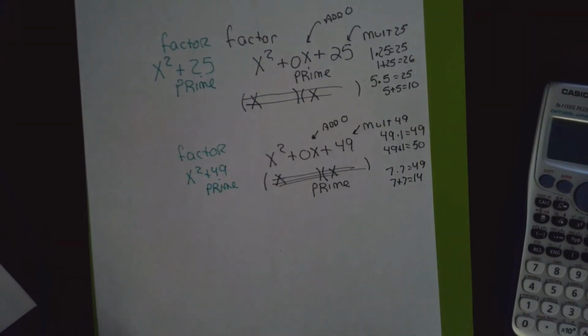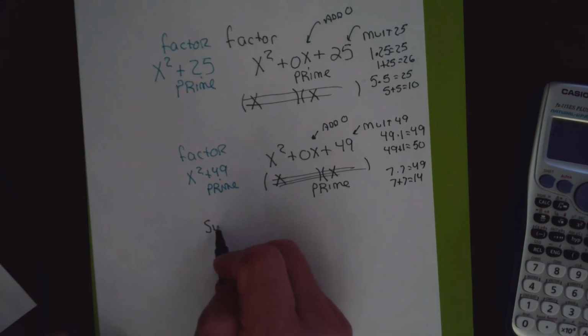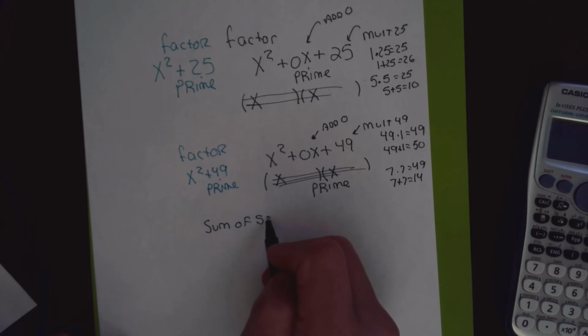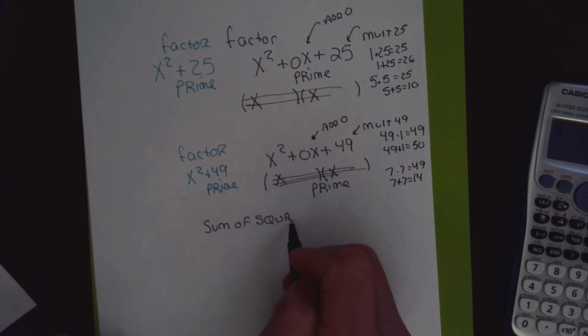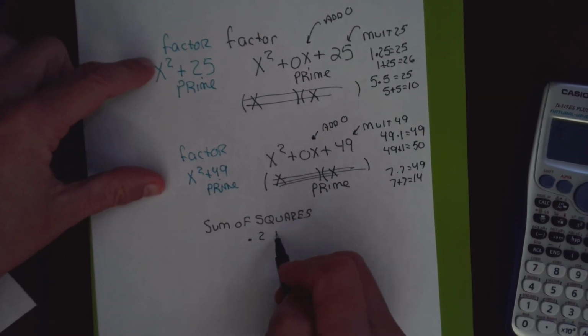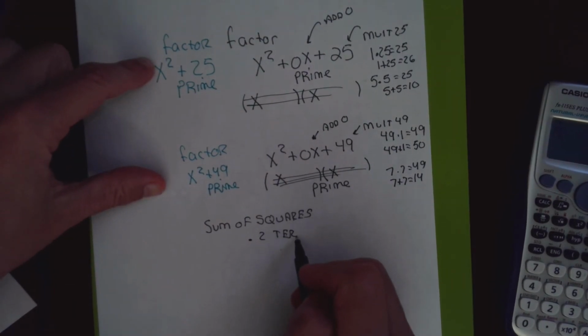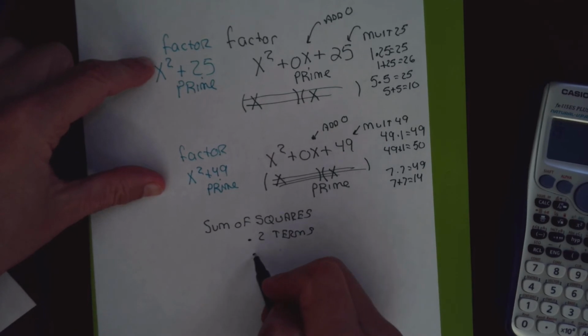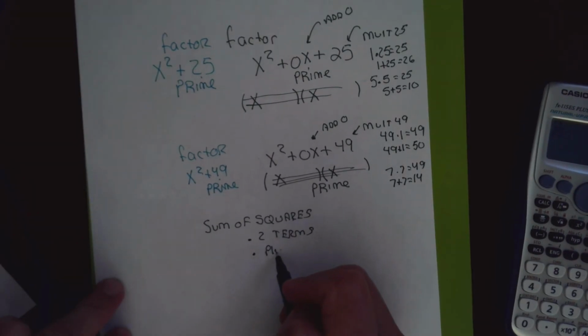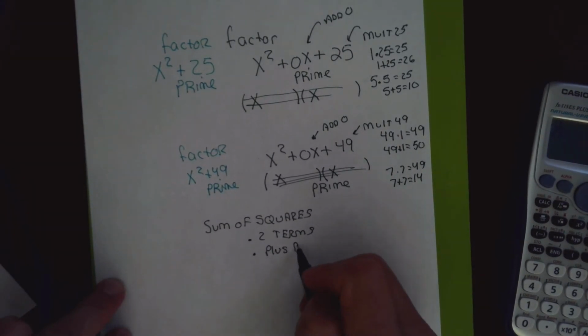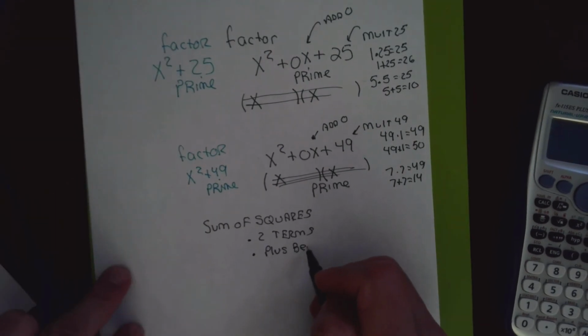Let me write what makes something a sum of squares. To be a sum of squares, you need to have two terms, and these versions of the problems have two terms. There needs to be a plus sign between, or an addition between the terms, which these have, as opposed to a subtraction or a minus between.